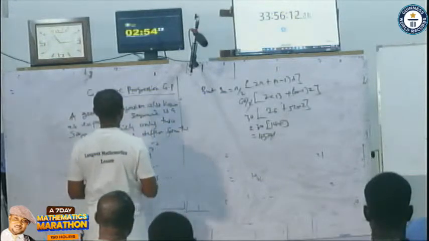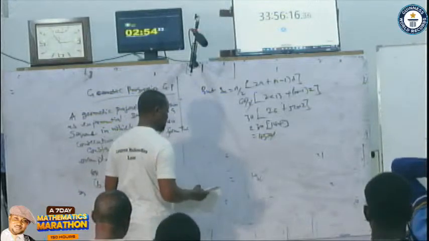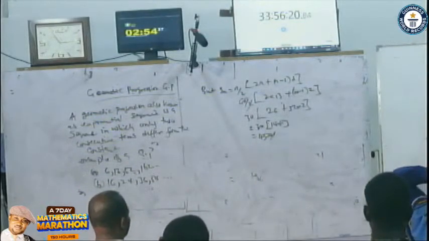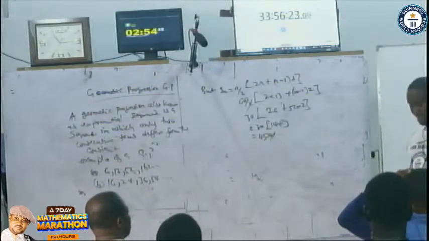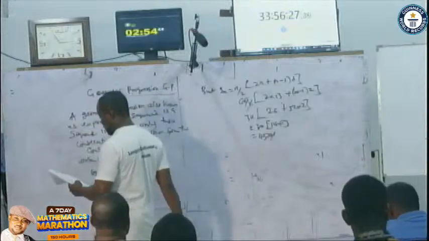Now let's see example 1. It says find the first term and common ratio of the above geometric progression.